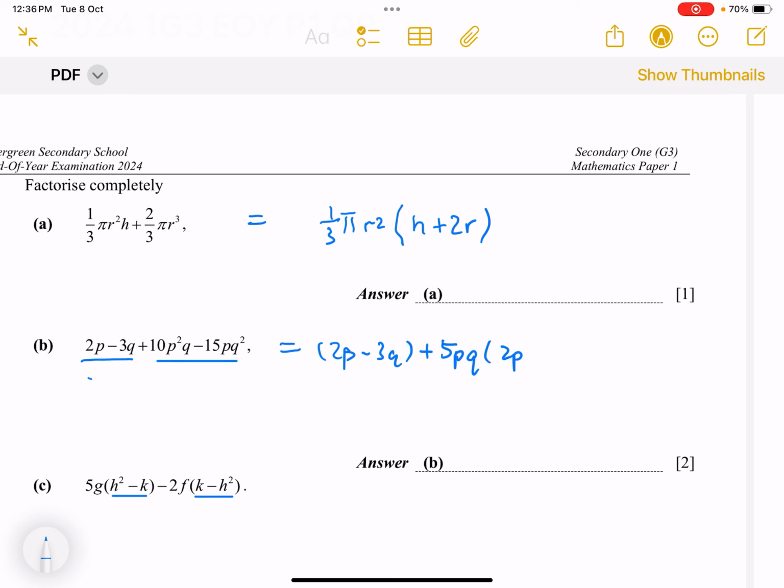So we find that we have 2p minus 3q in bracket. That means 2p minus 3q is a common factor. Now there are 2 terms in the question, so we should have 2 terms in the brackets. What is left after we take out the whole 2p minus 3q is 1. Okay, so you can check when you multiply in, you should get the same result.